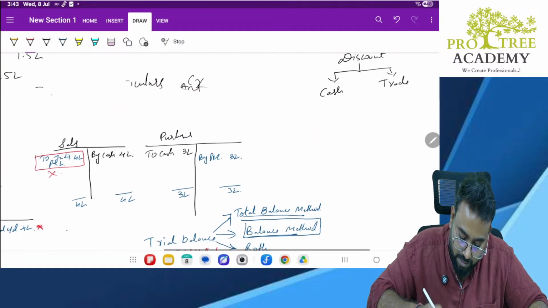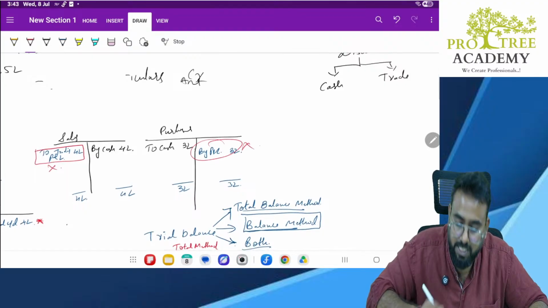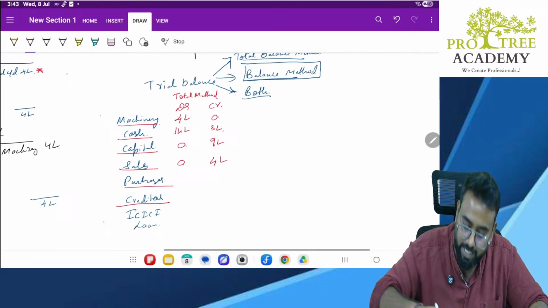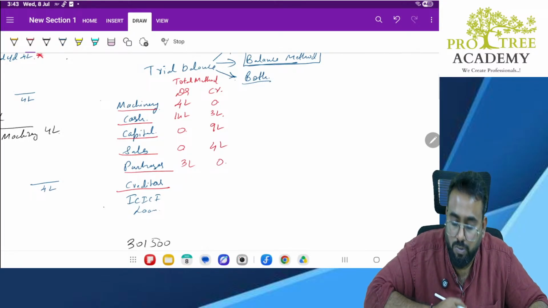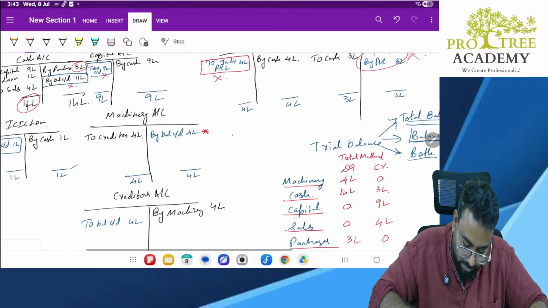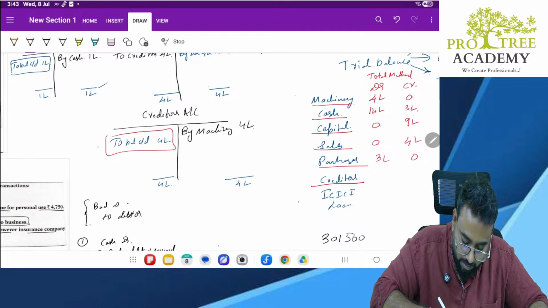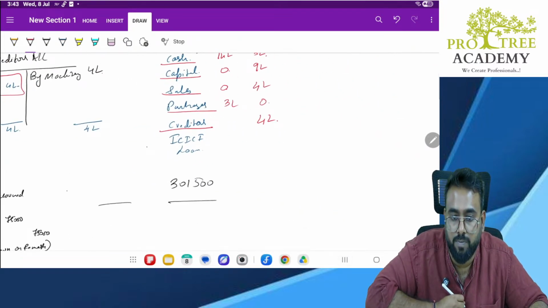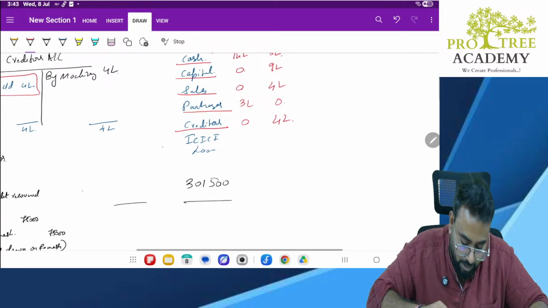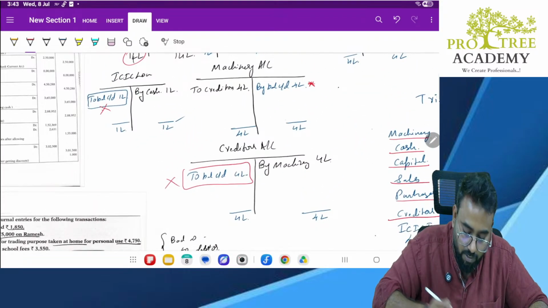Let's go to purchases. Leave this balancing figure. What is that? Debit side 3 lakh, credit side nothing. Correct or no? Next, creditors. Leave this. What is there? Credit side here 0. Let's go to ICICI. Leave this. What is there?